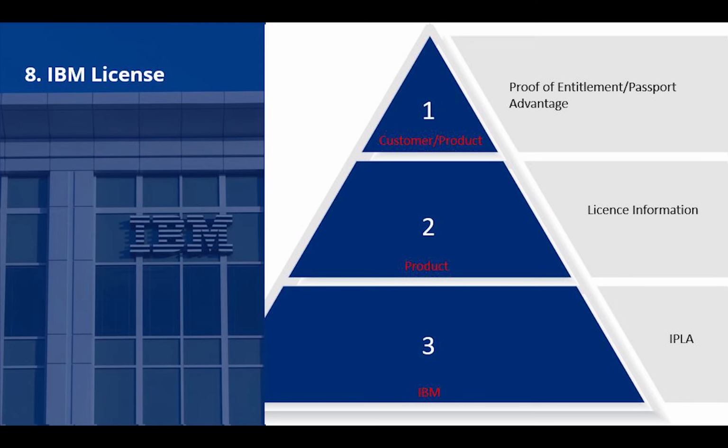The proof of entitlement will tell you, for instance, what metric is being used for that particular software product. Often because your first year of support, and this may be going back many, many years, comes for free, it's sort of included with the passport advantage agreement. But the proof of entitlement relates to license. Passport advantage is primarily related to software and support.